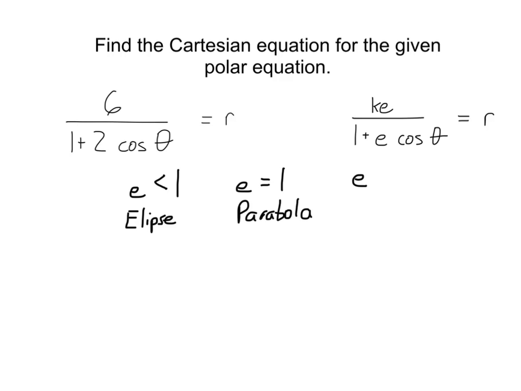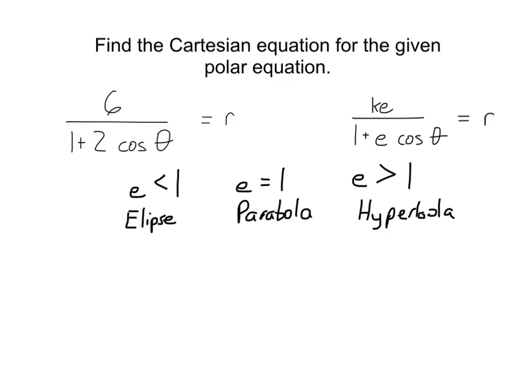If e is greater than 1, it is a hyperbola. So in this case, this is our e, right? It's greater than 1, which means that we're dealing with a hyperbola.